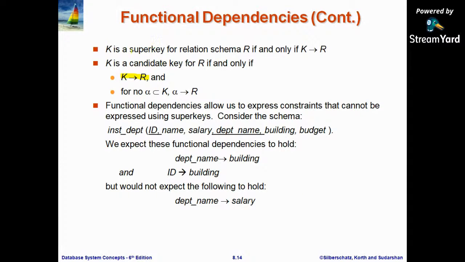Now we are defining the super key in terms of functional dependency. How can you define a super key in terms of functional dependencies?